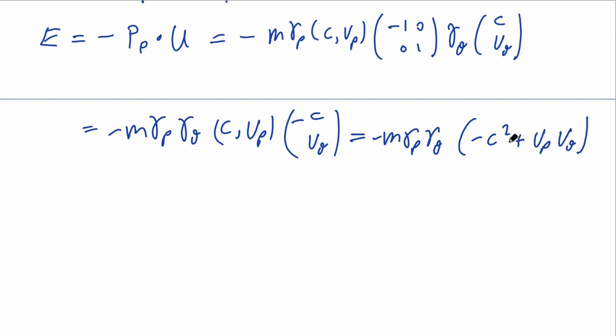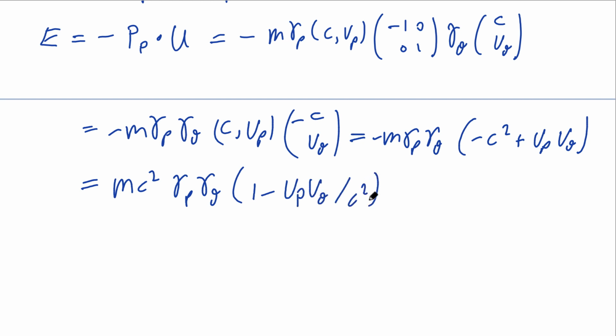And we can pull out a factor of minus c squared here, and this minus then cancels that minus. We have mc squared times gamma p gamma O times 1 minus vp vo over c squared.